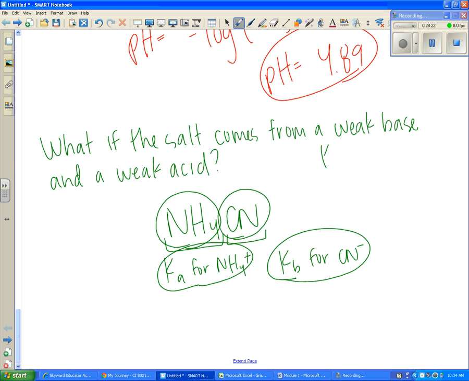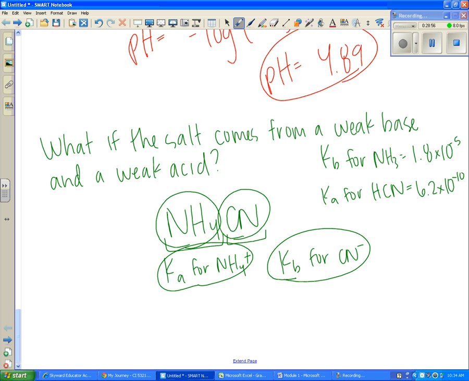Well, it's easy to look up a Kb for NH3 because NH3 is a common base. It's 1.8 times 10 to the minus 5th. And it's easy to look up a Ka for HCN because that's a common acid, and that is 6.2 times 10 to the minus 10th.